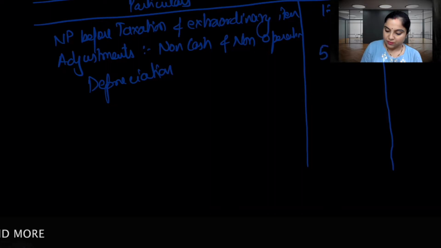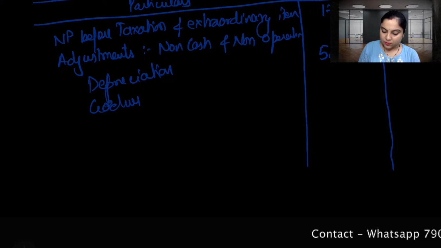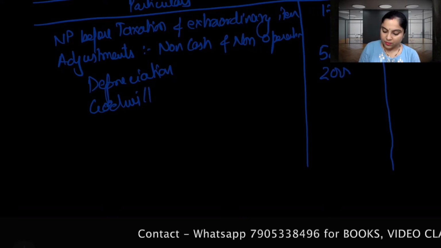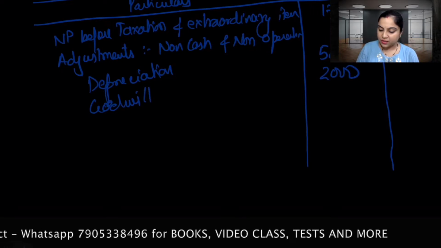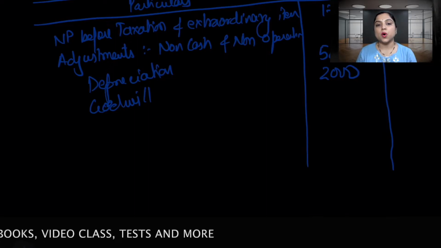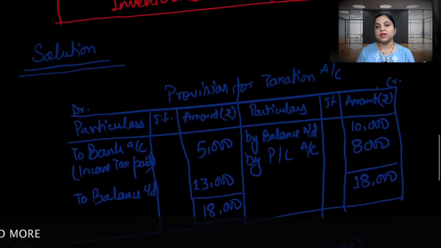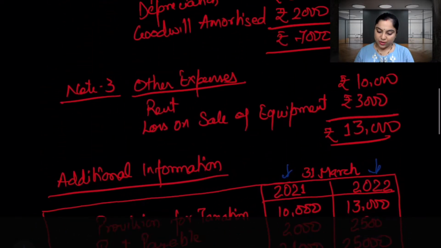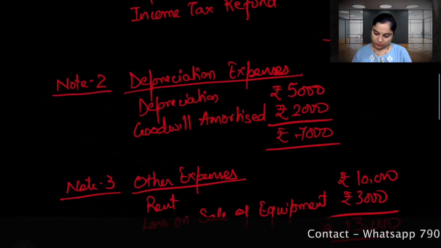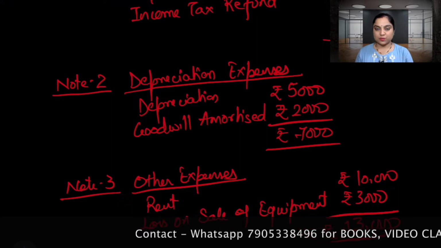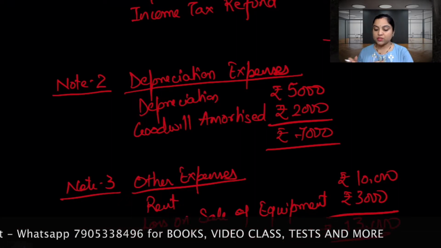Depreciation we have 5,000 and goodwill rupees 2,000. These are the non-operating non-cash items. And let's see what else we have. Okay, rent is an expense, a genuine expense, but loss on sale.